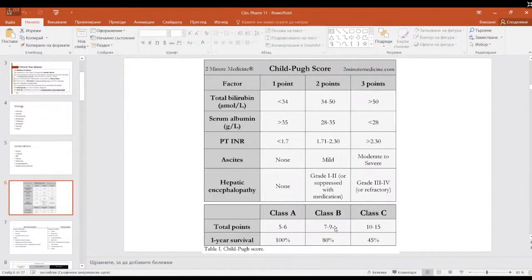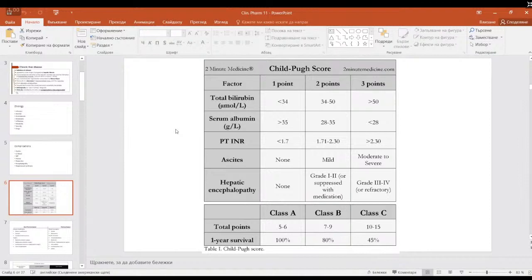If it's class B, then the survival is around 80%, and in class C, it's less than 50%. So you can have a look here at the different criteria that are included in calculating the Child-Pugh score.